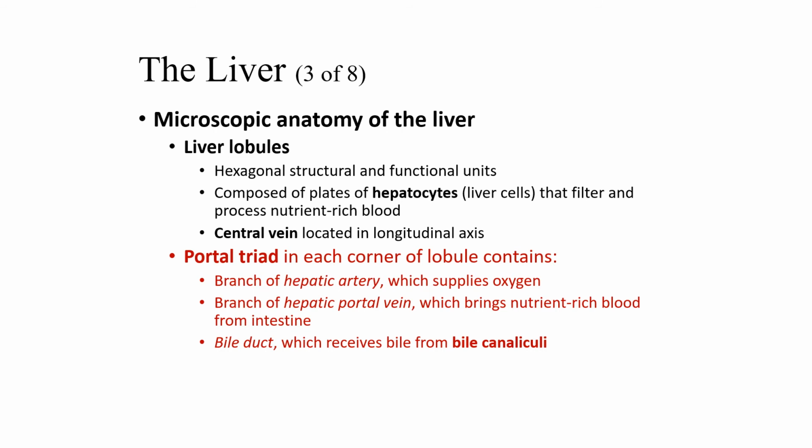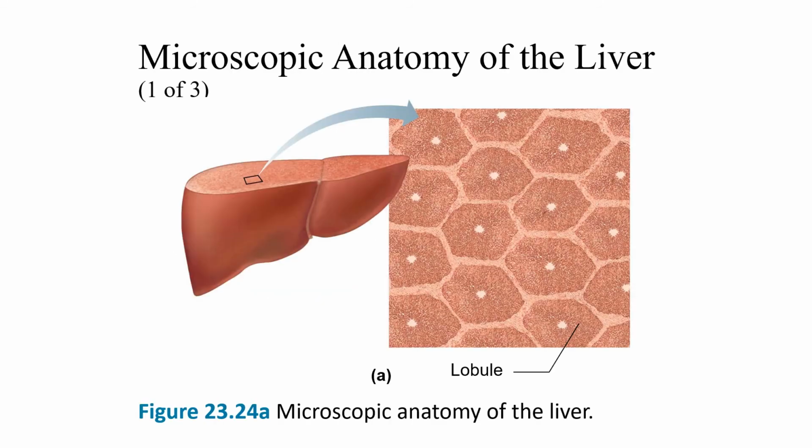We have the hepatic artery that supplies oxygen. We have the hepatic portal vein that brings the blood from the intestines to the liver. And then we have the bile duct. And basically, it is collecting bile that's being made by the hepatocytes and shunting it to the duodenum and the gallbladder.